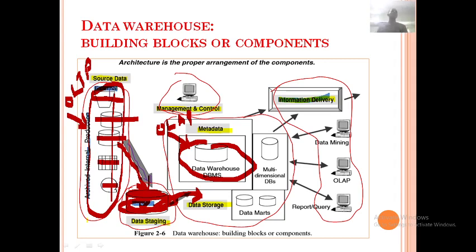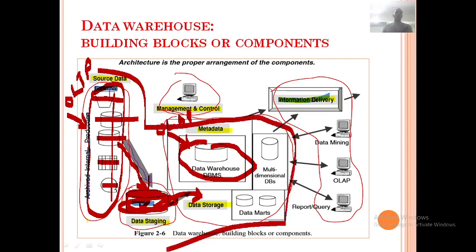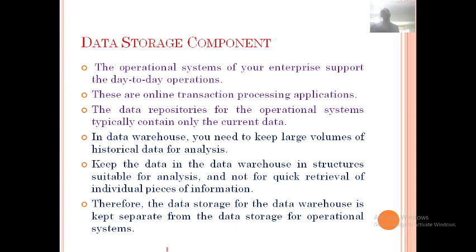It will get the data from the source data. Hope up to this much is covered. Now we covered data sources, data staging and data storage. Now we'll move to the next component.